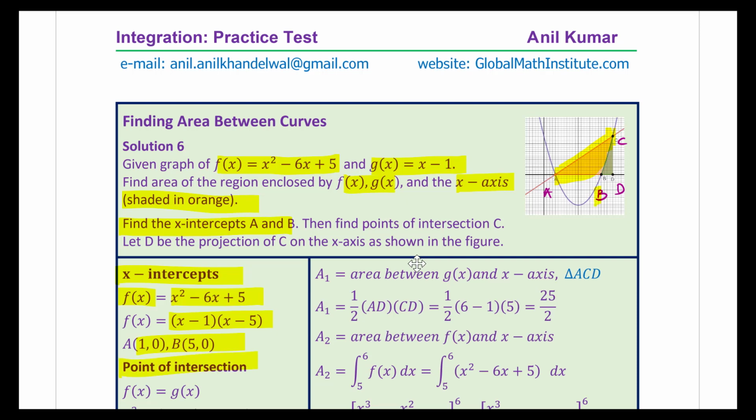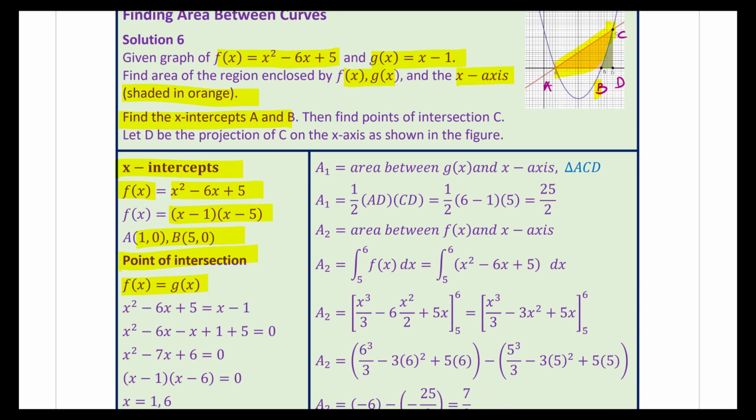To find the point of intersection, f of x is equal to g of x, and now we can simplify the expression. Bringing them all together gives you a quadratic equation which is x squared minus 7x plus 6 equals 0, factored to x minus 1 times x minus 6 equals 0, and the points of intersection are at 1 and 6. That means at the first x-intercept also the line crosses.